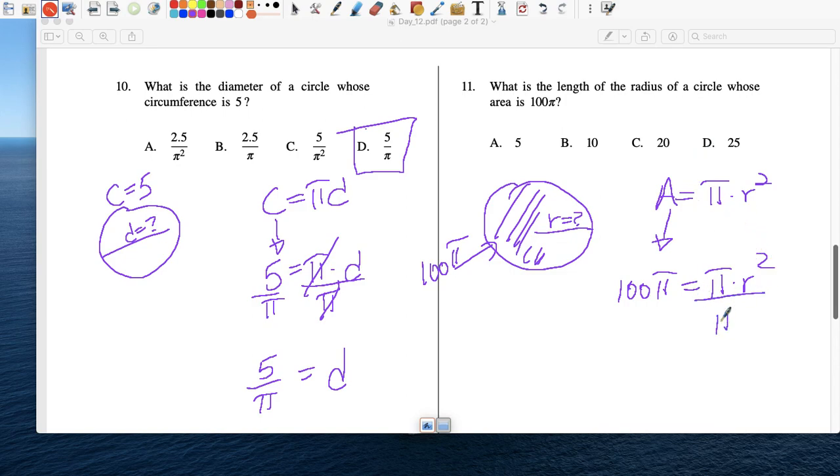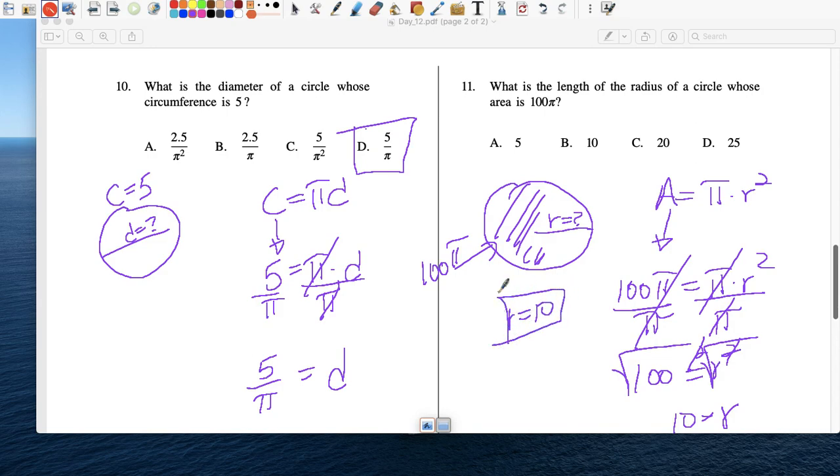Divide both sides by pi. Let's get rid of the pi's. We're left with r squared equals 100. Take the square root of both sides. There's an invisible 2, and that cancels with the square, leaving r by itself. The square root of 100 is 10. So the radius of this particular problem is 10.